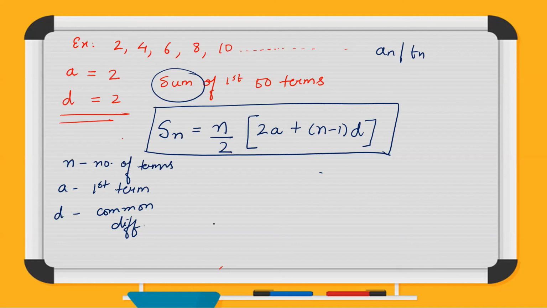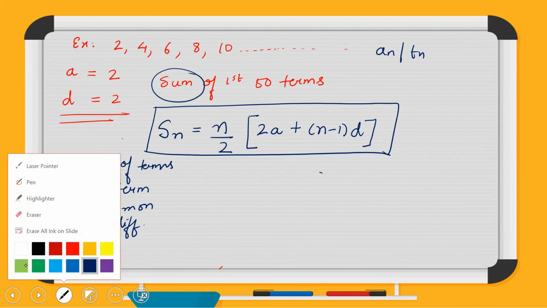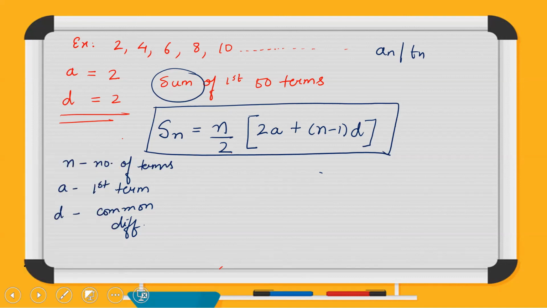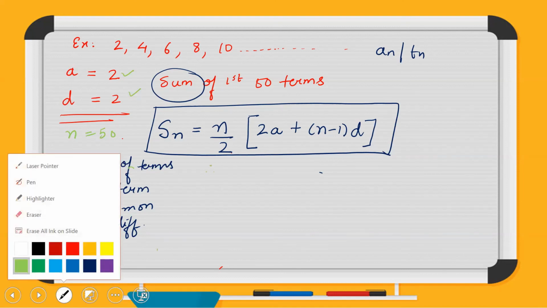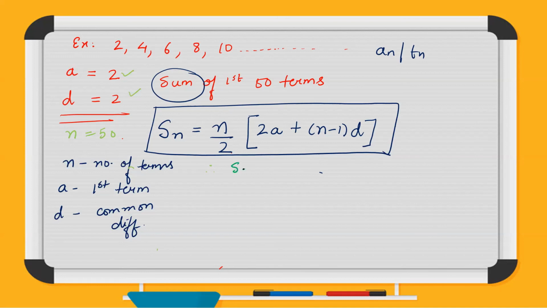In this particular example, the sum of first 50 even numbers, a is equal to 2, d is also equal to 2, and n is equal to 50. So I will write S50, because we want the sum of first 50 terms. S50 is equal to 50 divided by 2 in bracket 2 into 2 plus 50 minus 1 into 2 again.